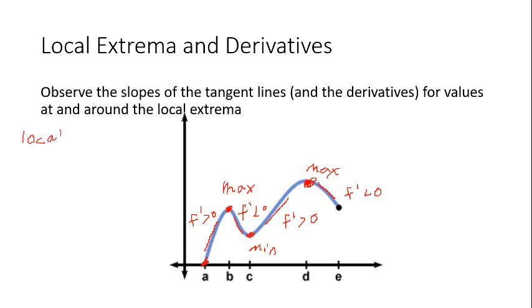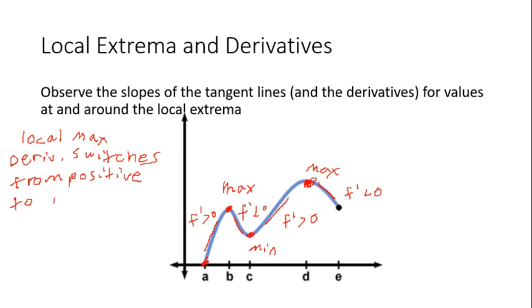So at your local maximums, the first derivative switches from positive to negative.